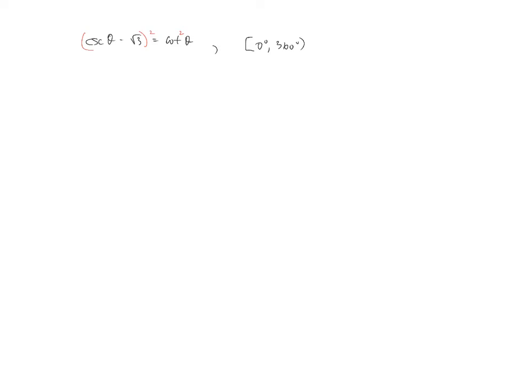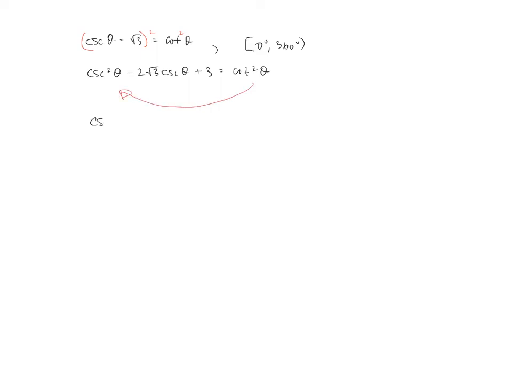So on the left, when we square this, we get cosecant squared theta minus 2 root 3 cosecant theta plus 3 equals cotangent squared of theta. So now, I'm just going to rearrange some things here real quick. And in doing so, I'll pull this guy over to this side.